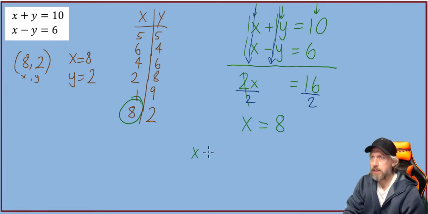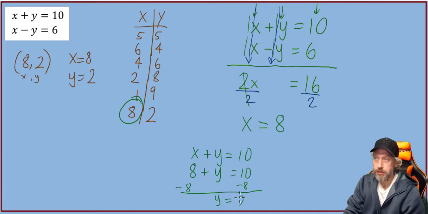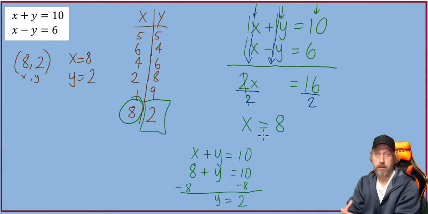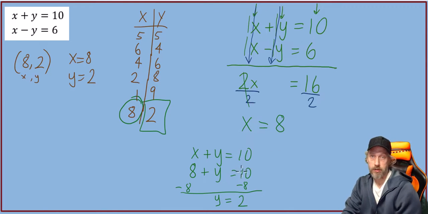If we look at x plus y equals 10, when x equals 8, we have 8 plus y equals 10, and solve that equation for y any way that you like, and we'll see that y equals 2. Right? Confirm what we already know, but we're showing how this addition or elimination method gets us to our solution.